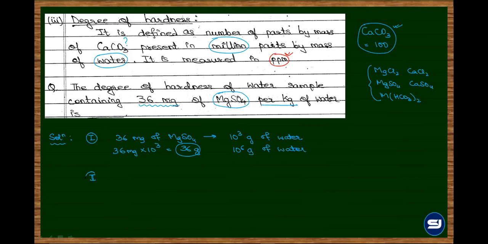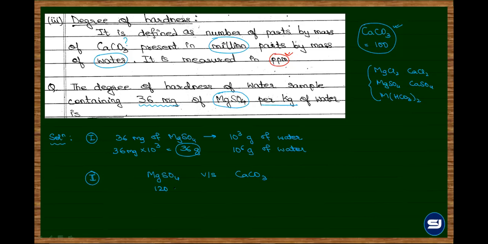अब इस MgSO4 को proportionate CaCO3 में convert कर दो. तो simply unitary method MgSO4 versus CaCO3. So 1 mole of MgSO4 would be equivalent to 1 mole of CaCO3. What is the molar mass of MgSO4? Calculate. Mg plus SO4, 120.